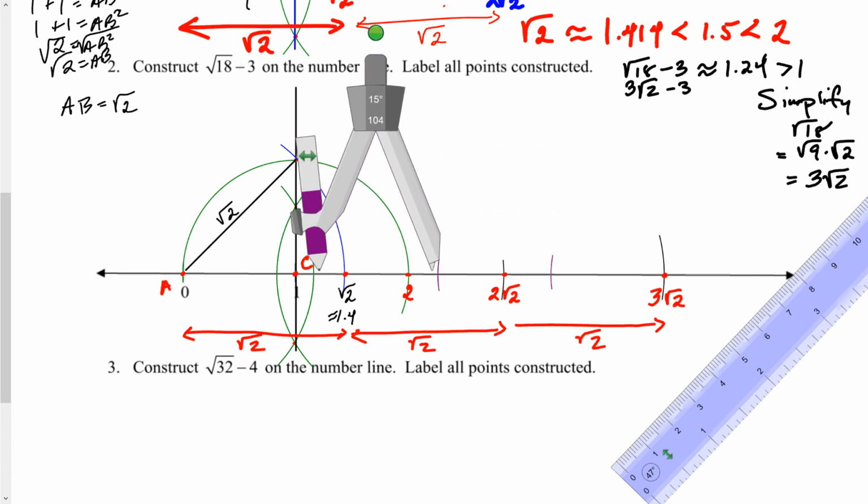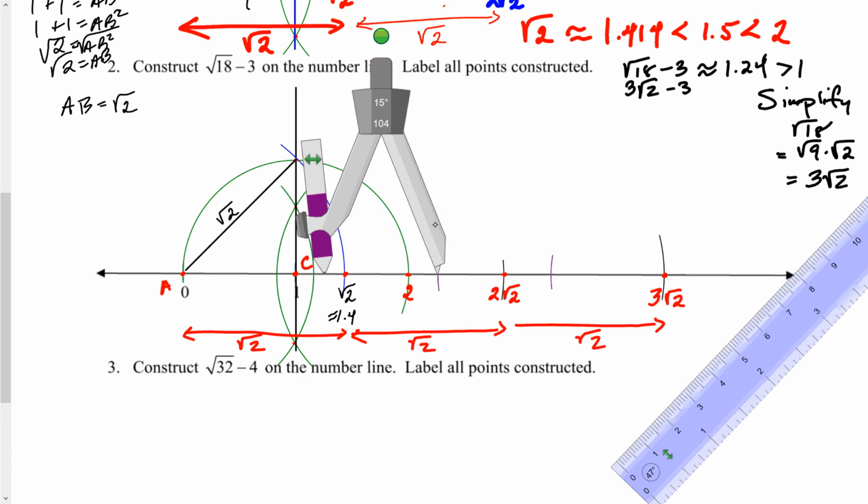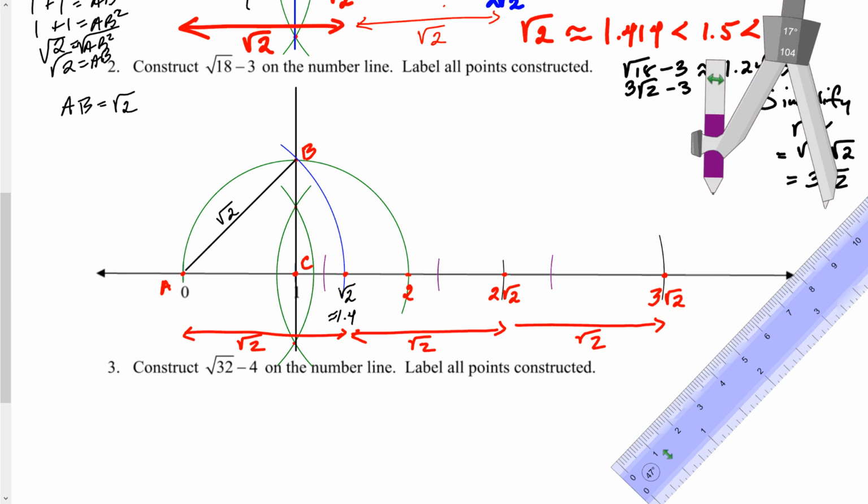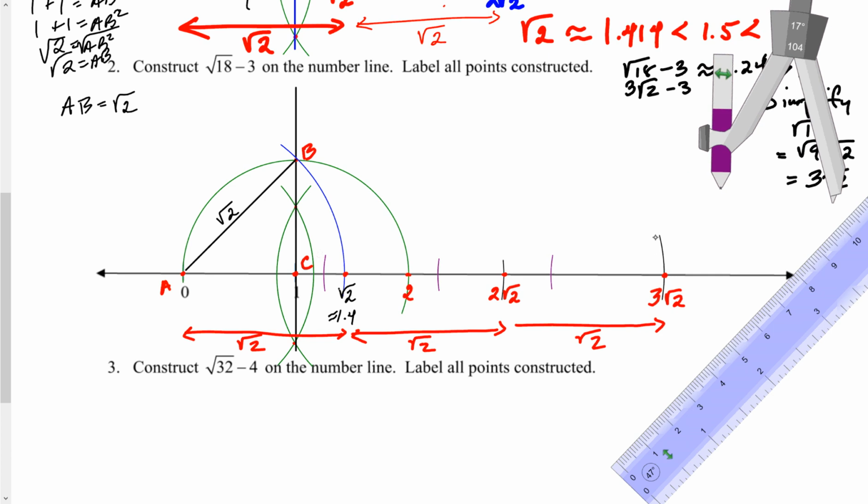Then come back again, and that's minus 3. Now let's label. So I come back: minus 1 right here, minus 1 again, minus 1 again. So this is minus 3, and now my goal is right here.